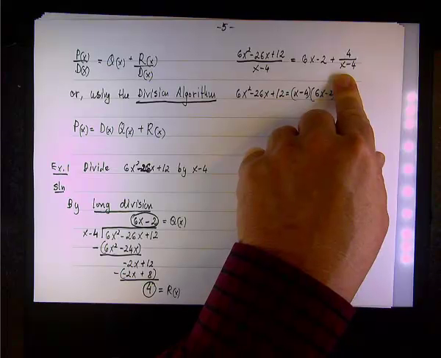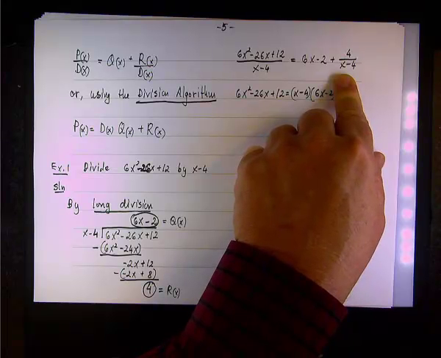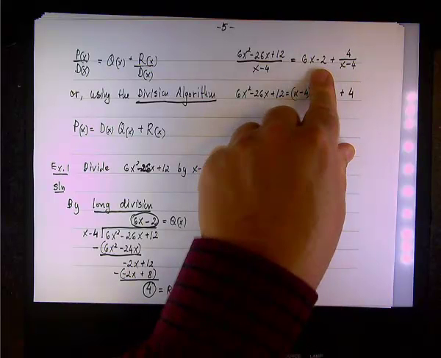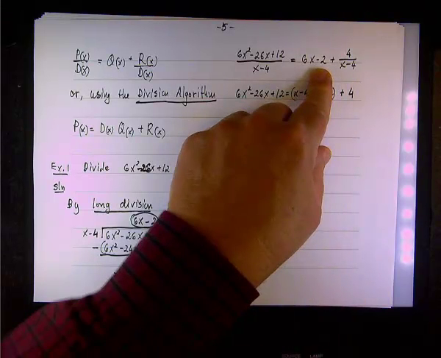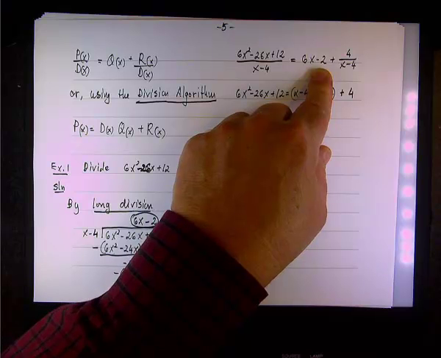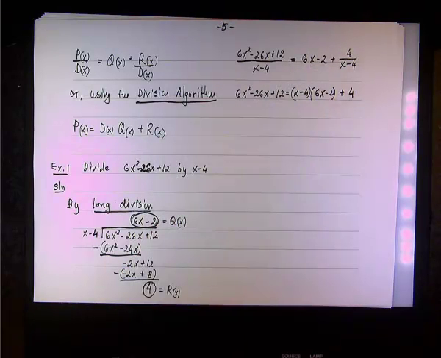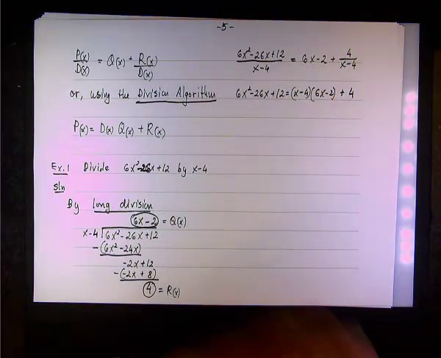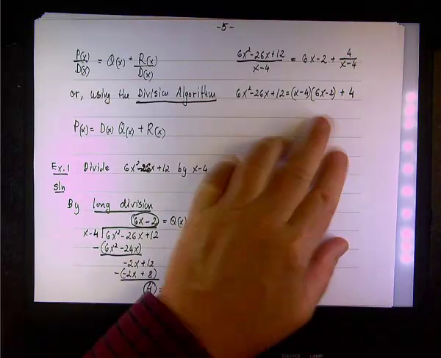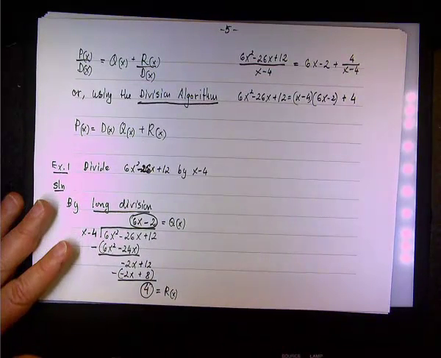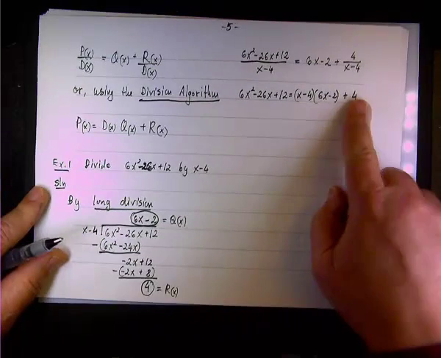It's a line. When x is a large number, this tail, the remainder divided by the divisor, approaches 0 in a hurry. Think about x equals 1,000. What is 4 divided by 1,000 minus 4? 4 divided by 996. It's a very small number. We can throw it away, so to speak.